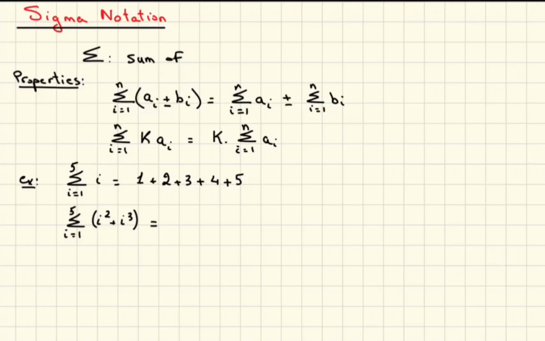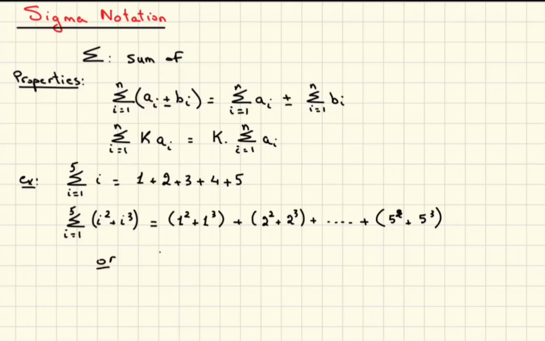Either I apply the first property we have, when we have addition we can separate, or we can still do the following: replace i with 1 the first time, then we replace 2, we keep going 1 by 1 till we reach 5 squared plus 5 cubed, and then I calculate using calculator.